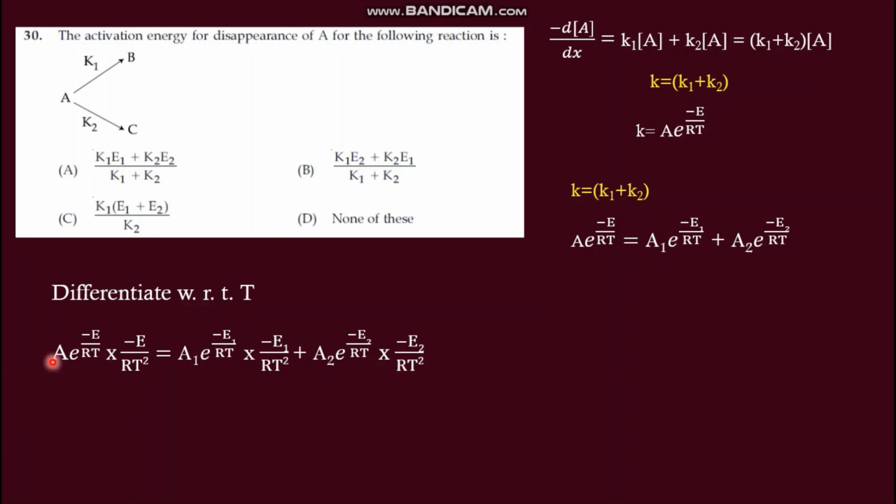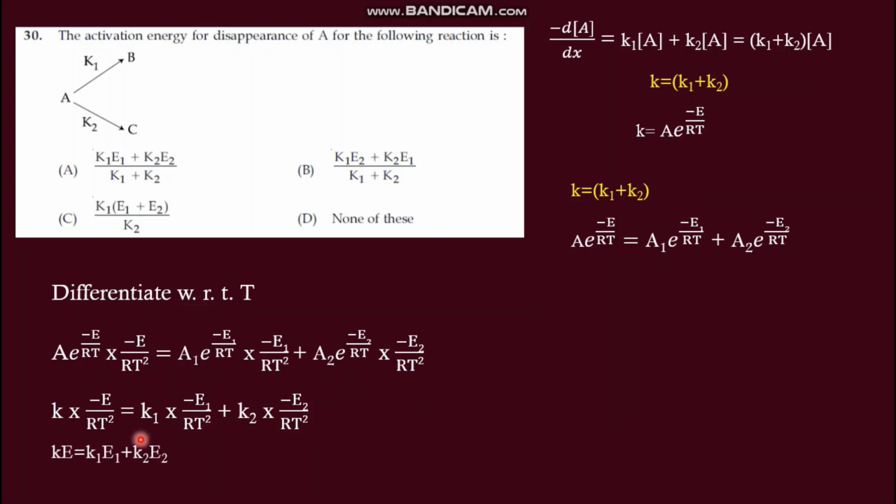And these values, A e raised to minus E by RT means K, A1 e raised to minus E1 by RT means K1, and this value represents K2. So we can rewrite this equation as K into E by RT square equal to K1 into E1 by RT square plus K2 into E2 by RT square. RT square is a common factor.